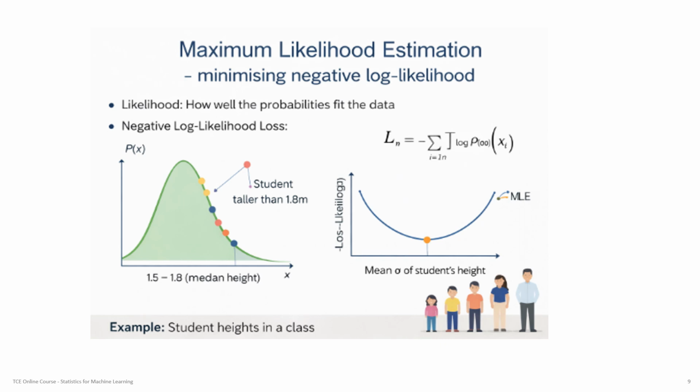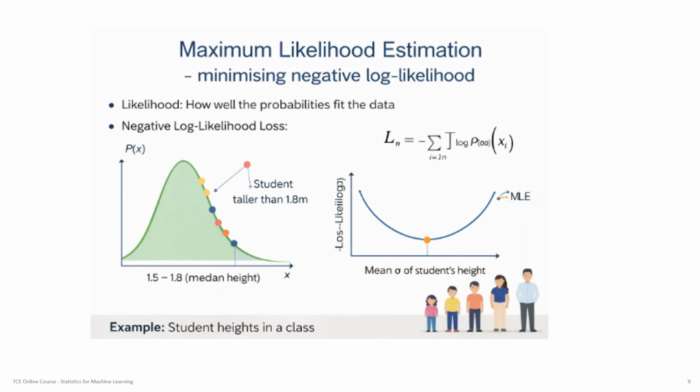Maximum likelihood estimation means we choose the model parameters, such as the mean, so that the observed data becomes most probable. Now, instead of maximizing likelihood directly, machine learning algorithms usually minimize a loss function. So we use something called negative log likelihood. The formula for negative log likelihood is L(θ) equals minus summation of log p of xi. This means we take the log of probabilities for each data point, sum them, and then apply a negative sign.